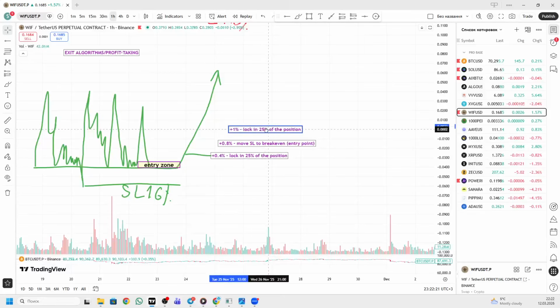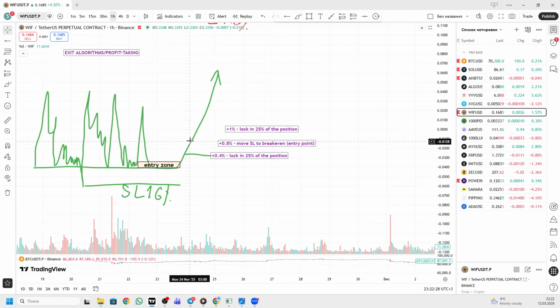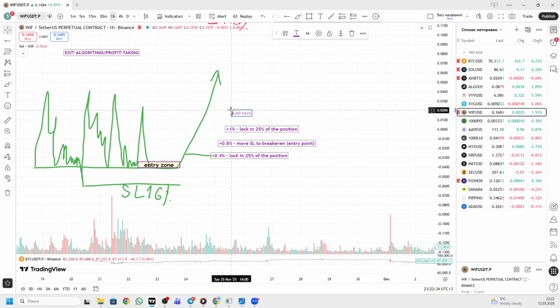Okay, that sounds good. Let's go more up. The price is moving up. It's very good. You have already 1.2%. What we are doing here, when it reaches plus 1.2%, we move our stop loss into profit, to plus 0.6%.